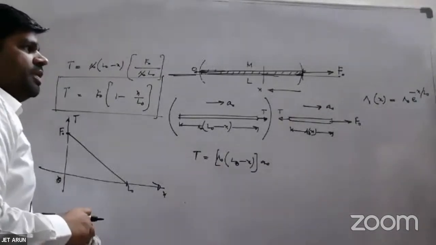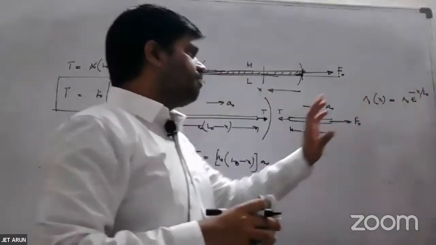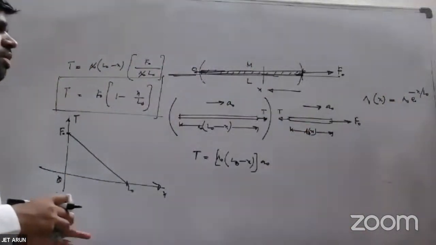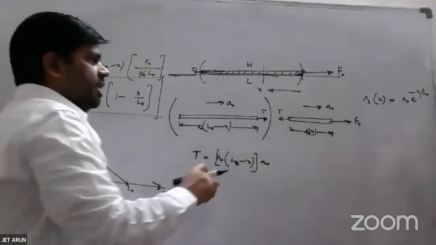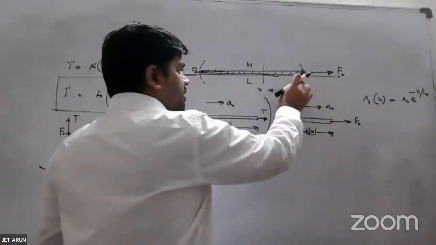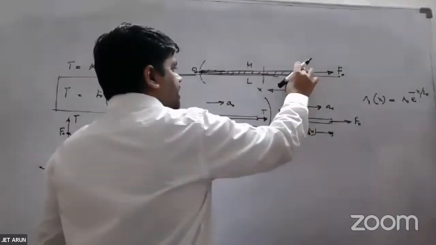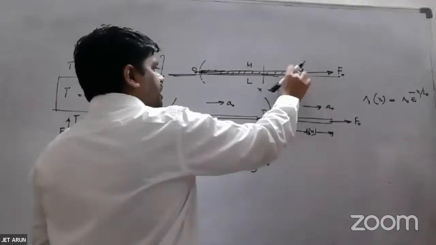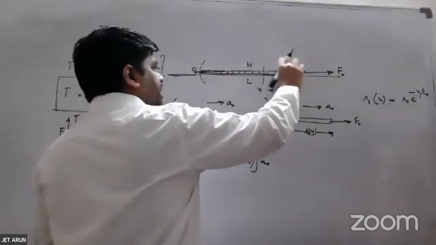All right. So it's a non-uniform rope. Look at this, lambda itself is varying with x. That means it's thicker here. If I see the plot, it's thicker here. As I go away from this point, it gets thinner and thinner. So density is varying.